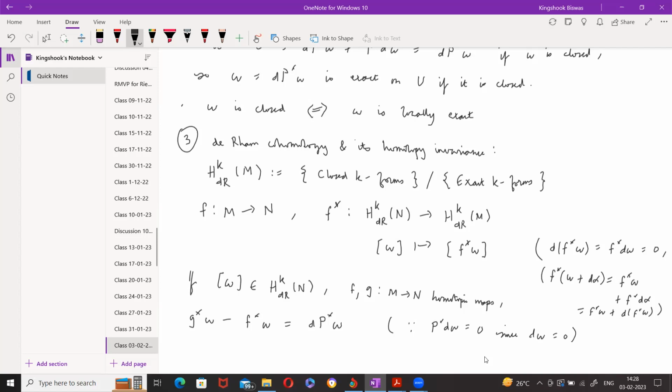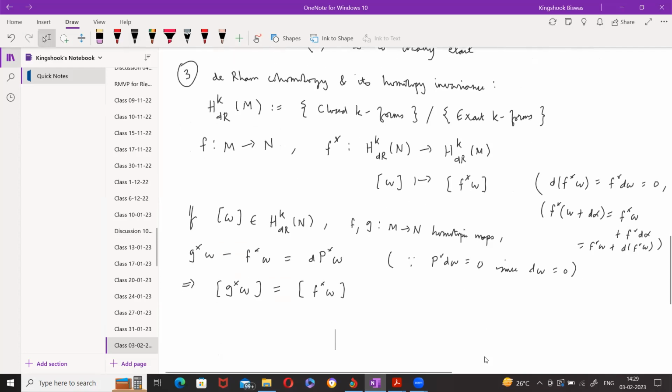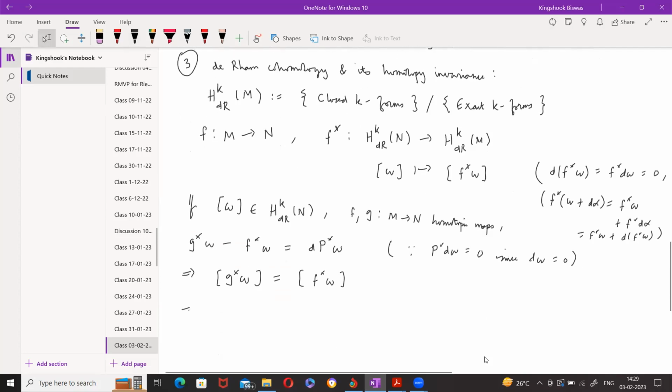So that means that G star omega and F star omega differ by an exact form, d of P star omega. This is an exact form. So that means that G star omega, as a de Rham cohomology class, is the same as F star omega. So the induced maps on de Rham cohomology are the same.